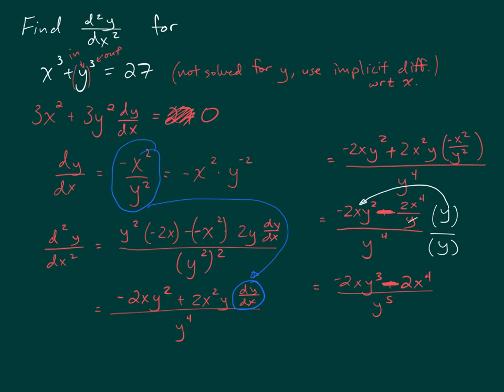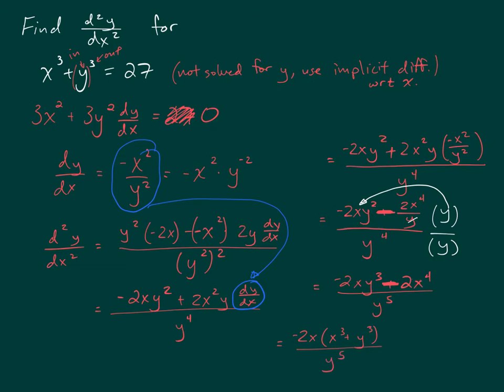All right, so then we use this simplification technique still again, where I have to factor out whatever I can from the numerator. And it looks like it's going to be a negative 2x. So this will give me negative 2x times x cubed plus y cubed in an out of order sense, all over y to the fifth.